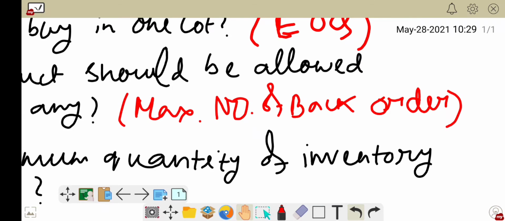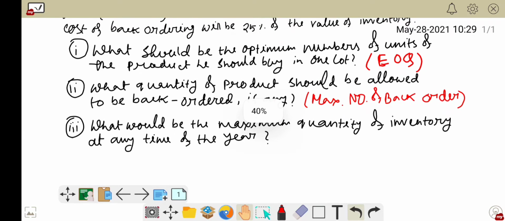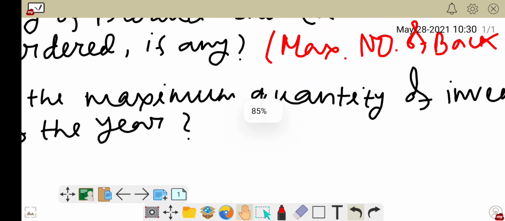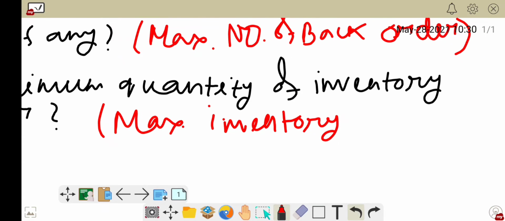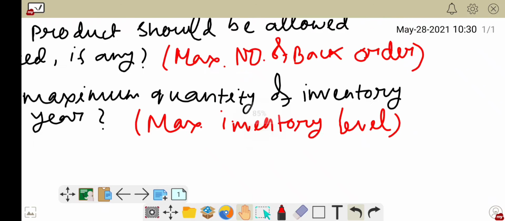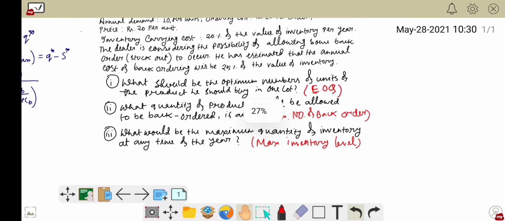Okay, and number three, what would be the maximum quantity of inventory at any time of the year? So this is the maximum inventory level we have to calculate. Okay guys, so these are the three requirements we have to calculate.